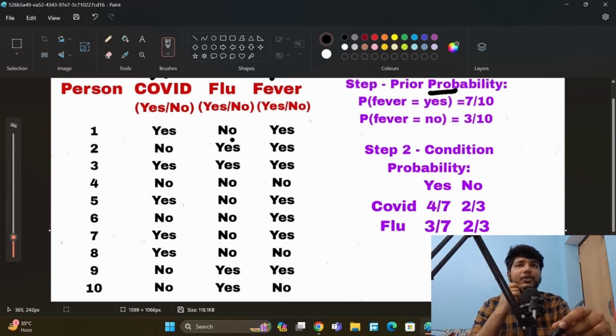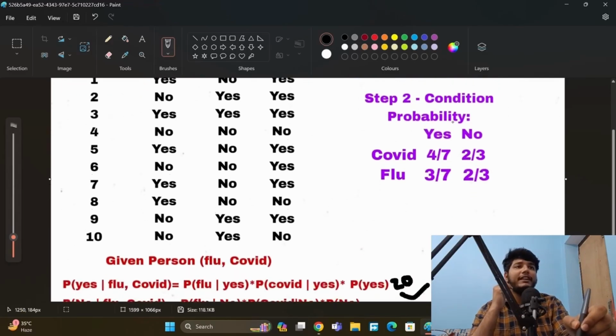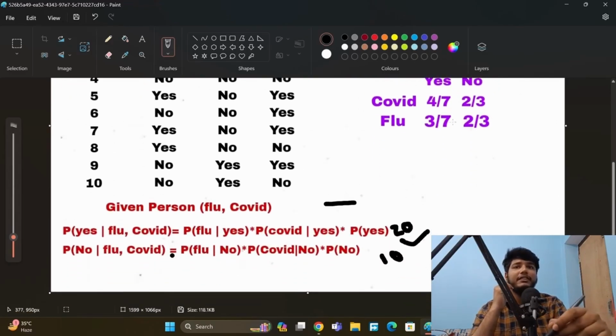Okay, so no flu and no fever 1 2, and total we have gotten 2, and here fever how much time we have gotten, no 3. Okay, so first we will check this, so we can directly put this in this formula and we can get our result easily.